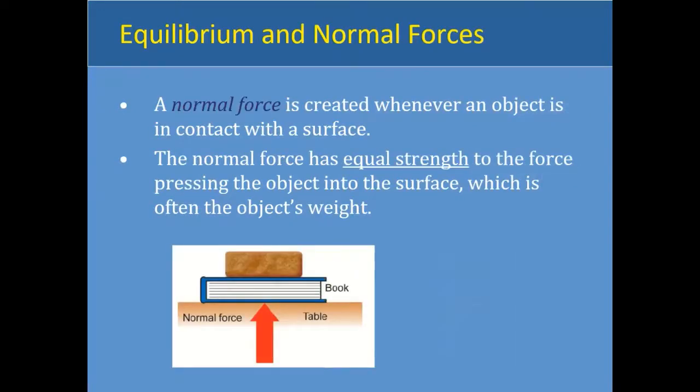A normal force is created whenever an object is in contact with a surface, and that normal force has a strength equal to the force pressing the object to the surface, which is often the weight of the object. We can add more books, a stack of books, put something on top of the books. As long as it doesn't fall through the table, that combined weight is going to match the normal force. You'll also hear this referred to sometimes as the support force. It's supporting the object from moving through the table.